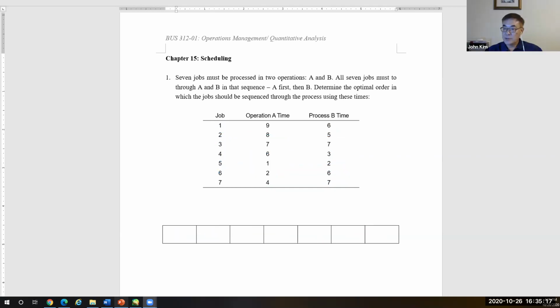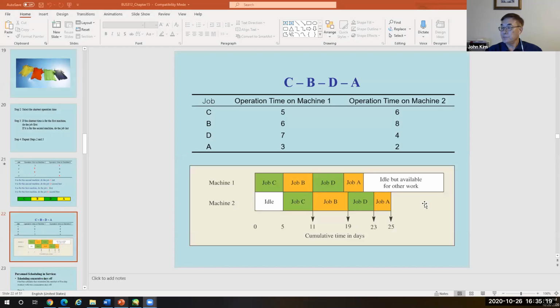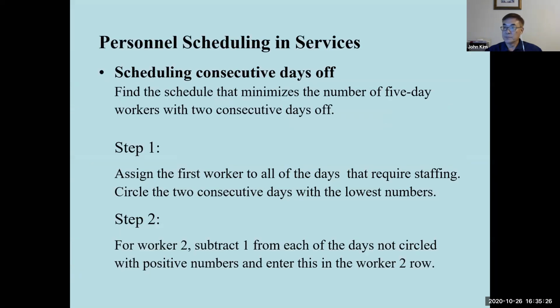And next one. Personnel scheduling. Scheduling consecutive days of work for a restaurant or any business.